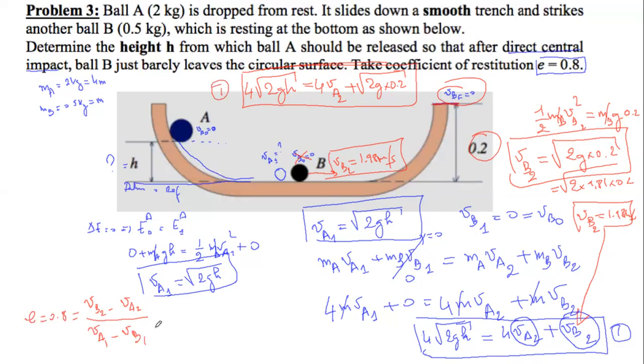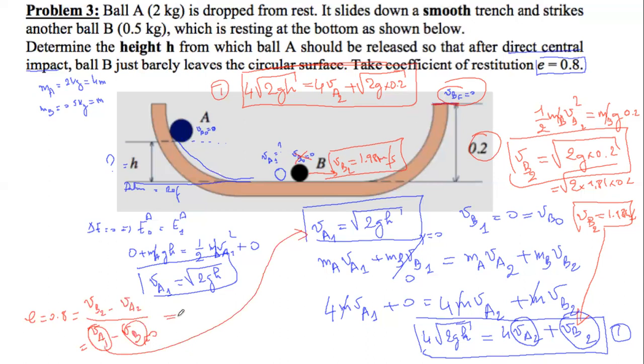Remember, what is VB1? Just before collision, what was the velocity of B? It was 0. So this is equal to 0. What is VA1? Just before collision, it is square root of 2GH, as you can see here.